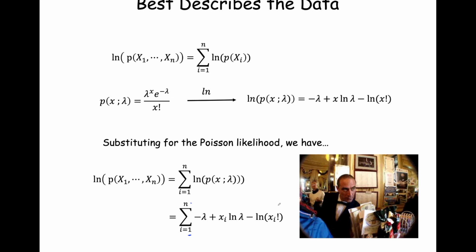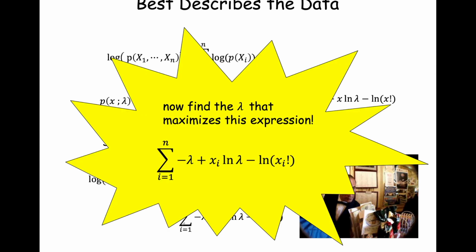So our problem of finding the maximum product of marginal likelihoods is now finding the maximum of the sum of these log marginal likelihoods, which is exactly this expression. Now we want to find the lambda that maximizes this expression.